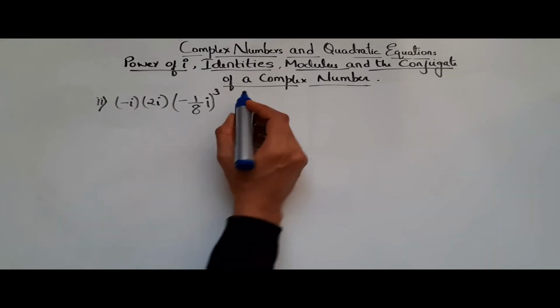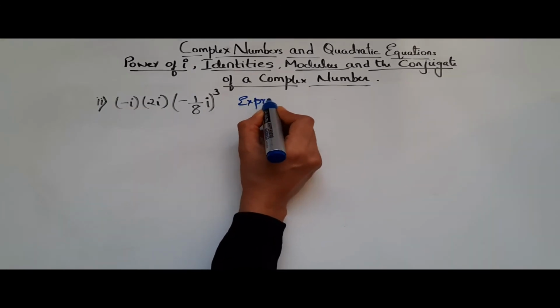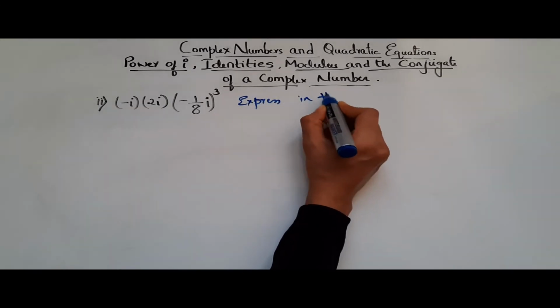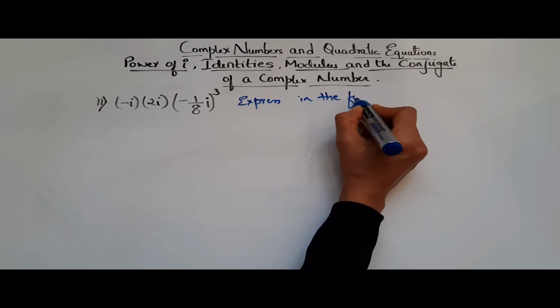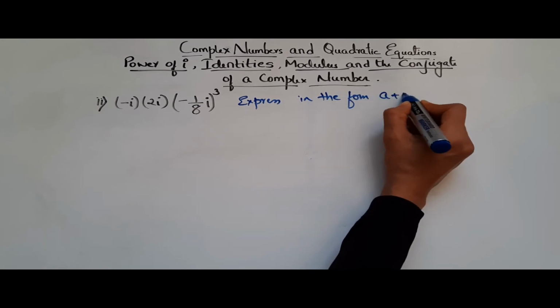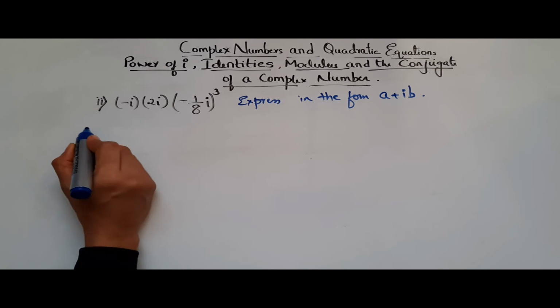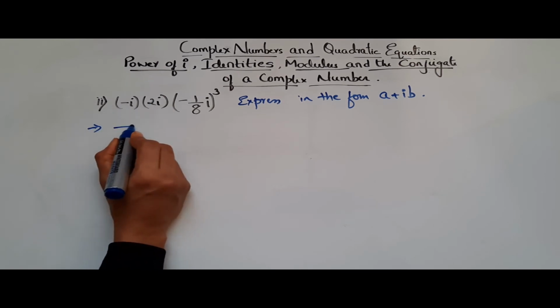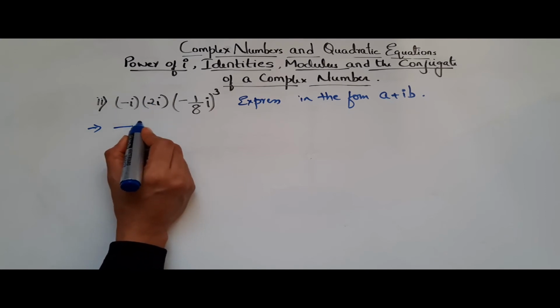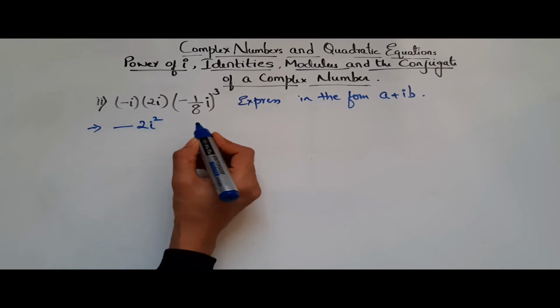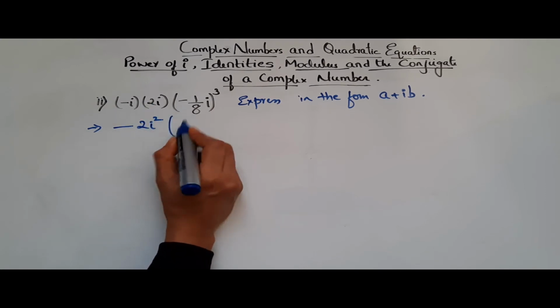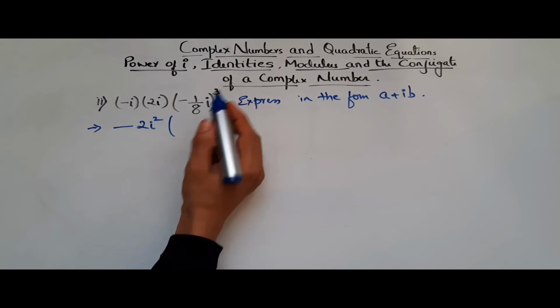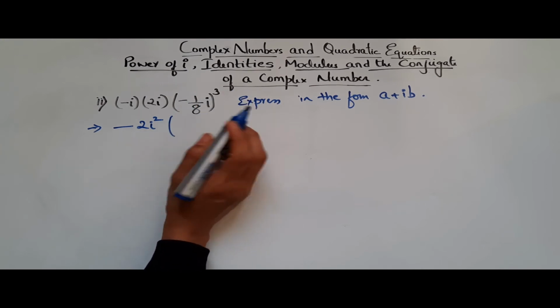So we have to express this in the form of a plus ib. Here minus into plus is minus, 2 into i is 2i square. So here we have minus the whole cube. Minus into minus is plus, plus into minus is minus.